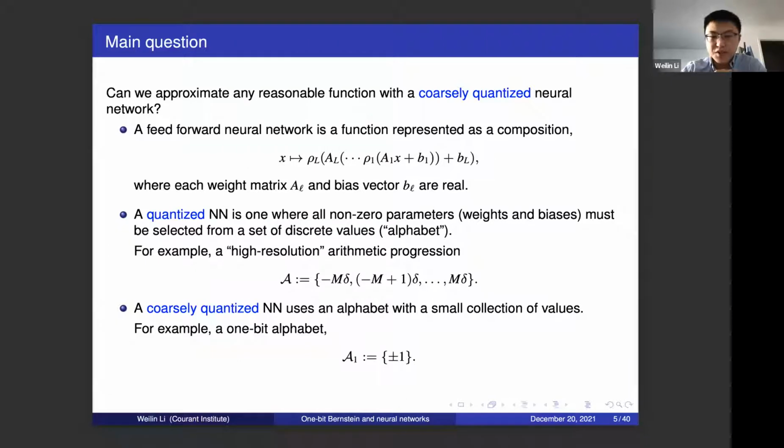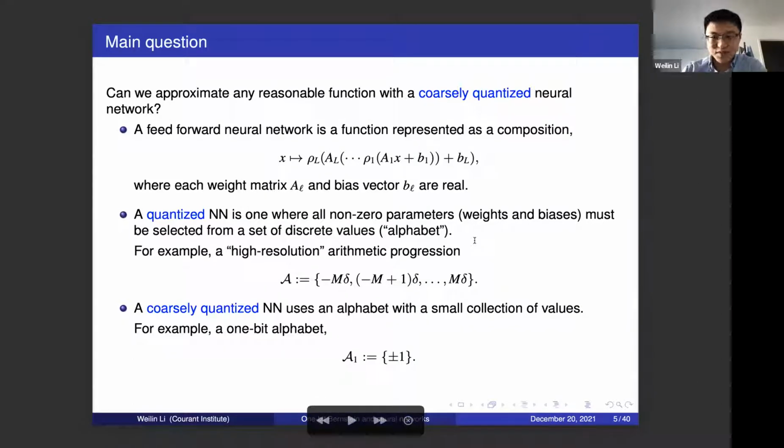Can I find just plus or minus 1s as the weights and the biases that will allow me to approximate the function you give me using a neural network? I'm allowed to use however many layers, however many weight matrices I need, but the requirement is that every non-zero entry is only plus or minus 1.